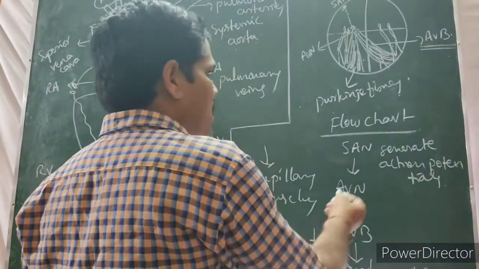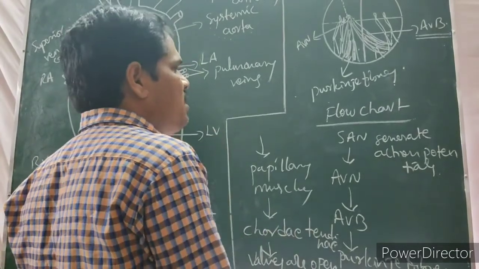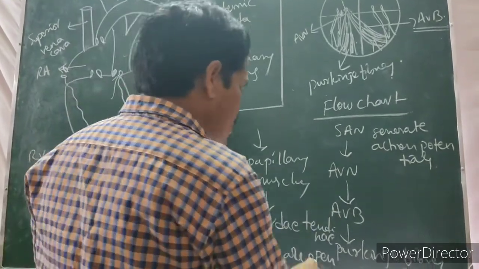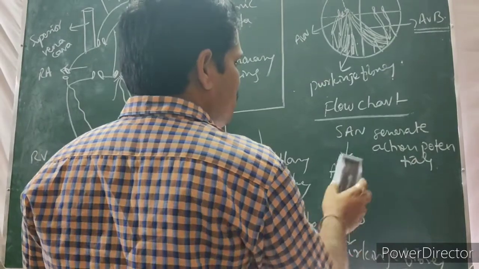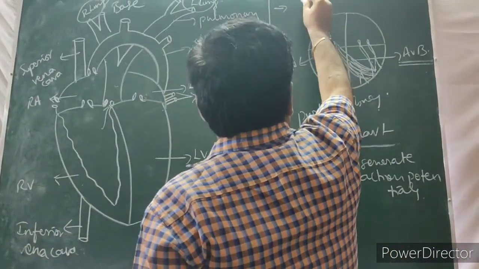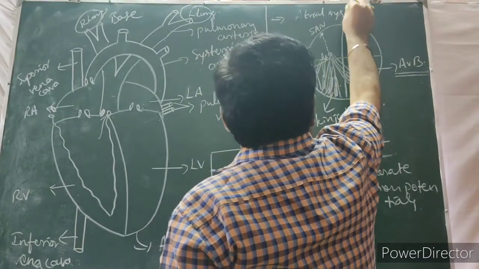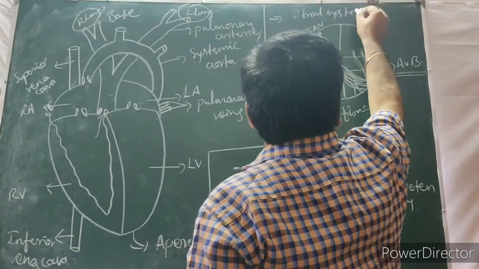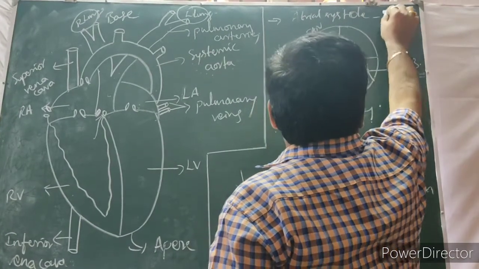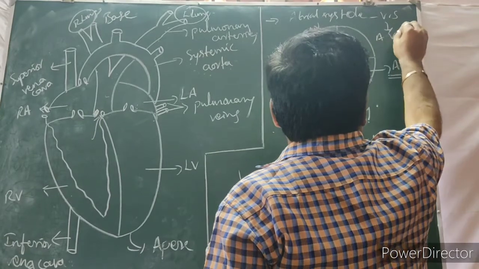Valves are open, allowing the blood. That is how the cardiac cycle starts. After the valves are open, atrial systole happens, then ventricular systole, then atrioventricular diastole.